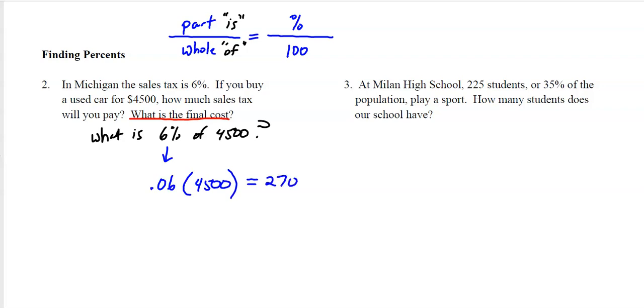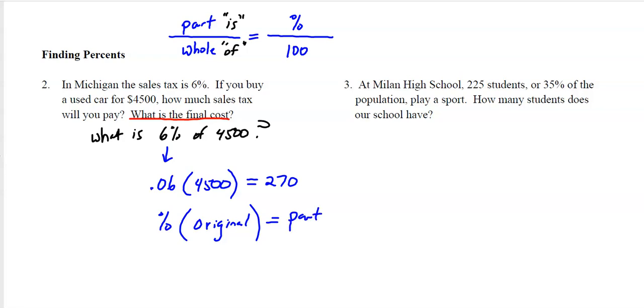And that will also give me 270, and it's quite a bit faster. So you can always multiply the percent times the original price to get the part, I should say, if we're putting this in terms of what we did up above.